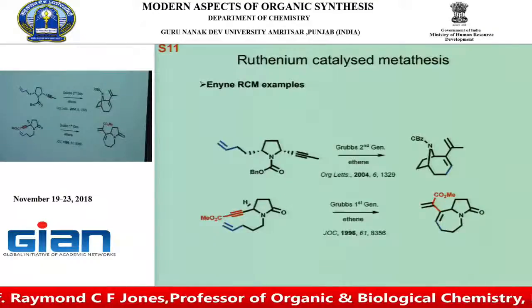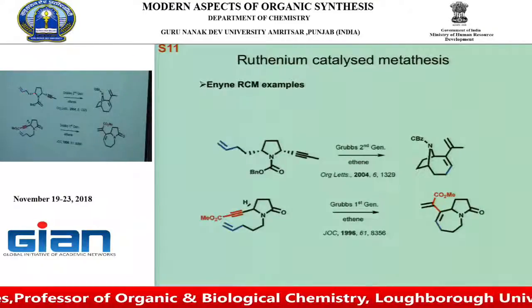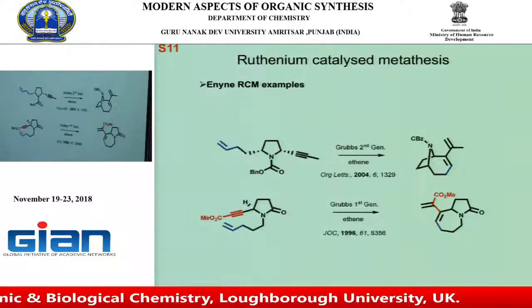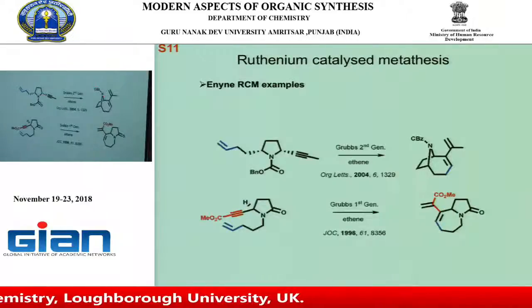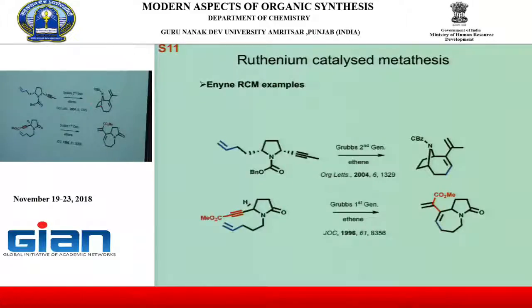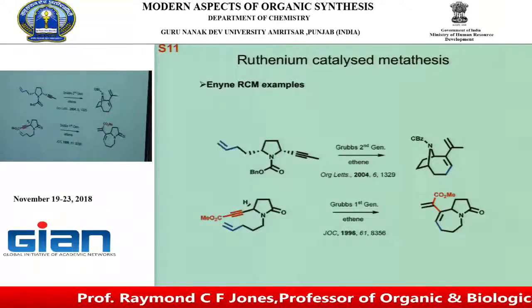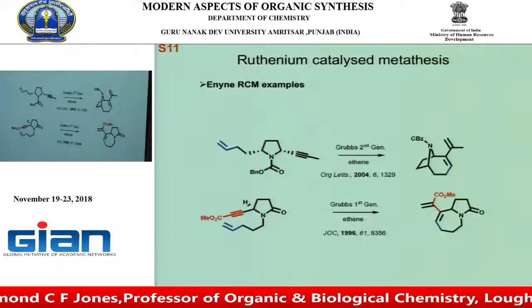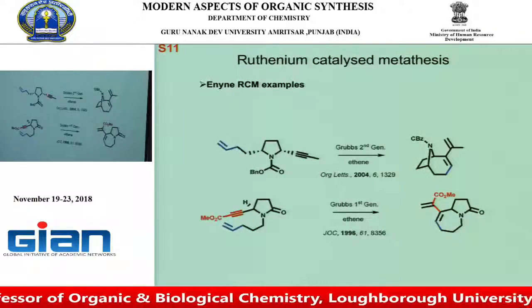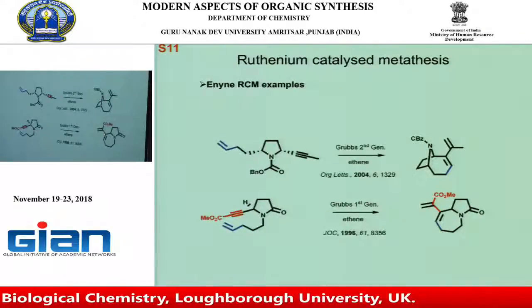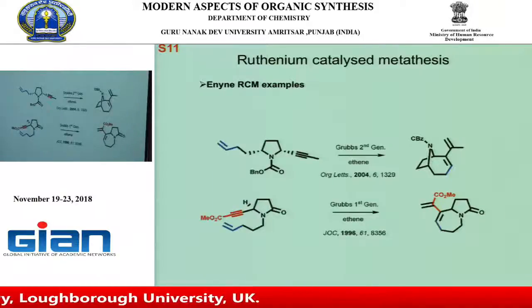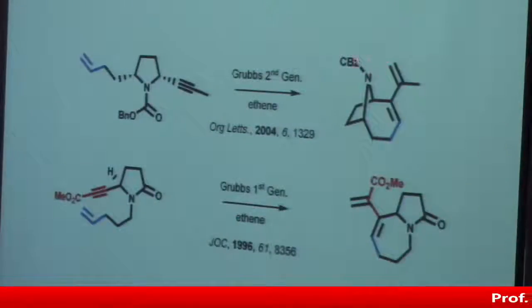So here's one from Grubbs himself. These two side chains are on the same side of the 5-membered ring. So the 5-membered ring ends up here in the product, and underneath you get 1, 2, 3, 1, 2, 3. So this is the remains of one side chain, and then here's the leftover bit from the alkyne with ethene closing off, finishing the process off.